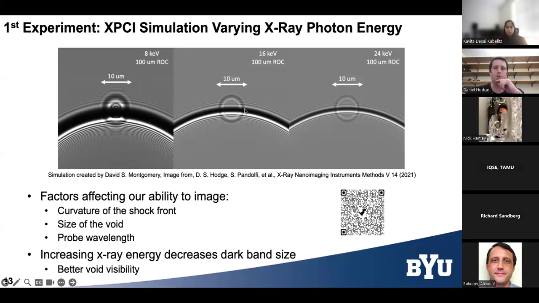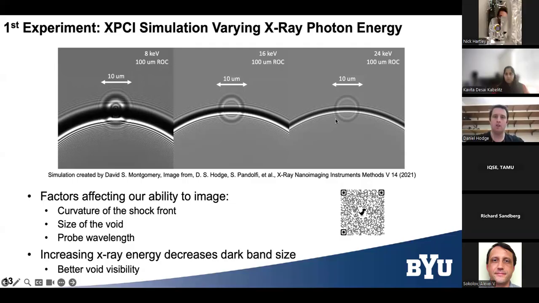But if we increase the energy to, for example, 16 keV, we could see a lot more of the void, and correspondingly at 24 keV, we could see even more of the void. So the issue is that we were at too low of an energy, which I guess is an emphasis that it's good to model the experiment, or at least get close to the experiment as much as possible. So lesson learned. There's a lot of factors that affect our ability to image.